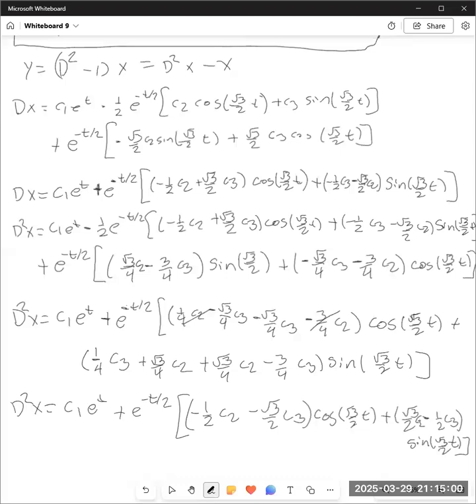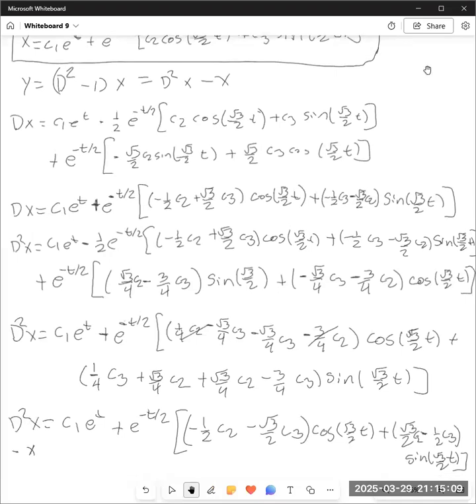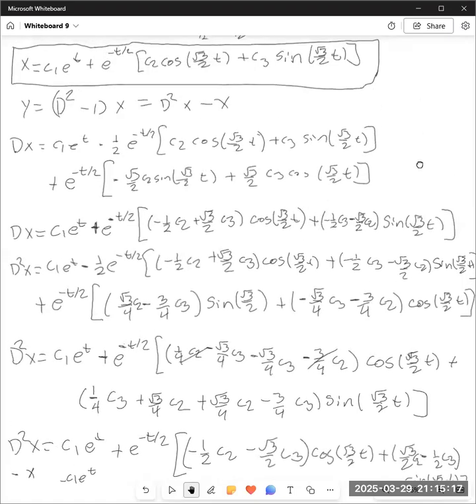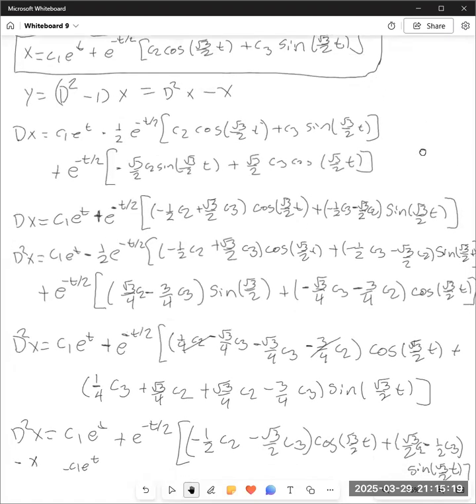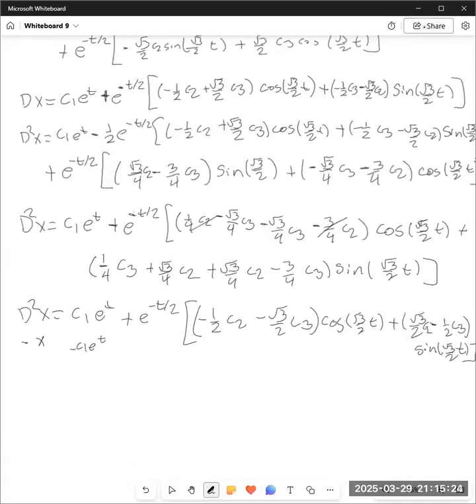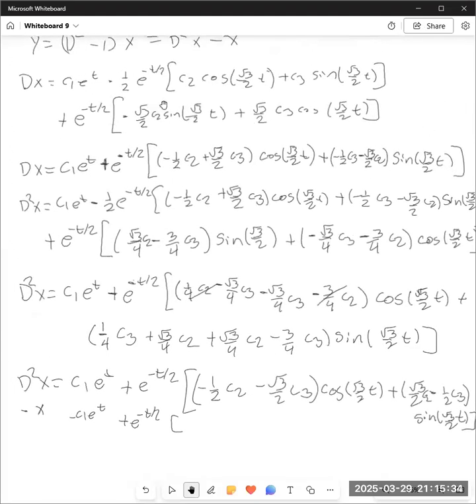So I need D2x minus my original x, and my original x is right up here still. So that's minus c1 e to the t, and then plus e to the negative t over 2 times, and I'll change the signs on the inside here for what I need.